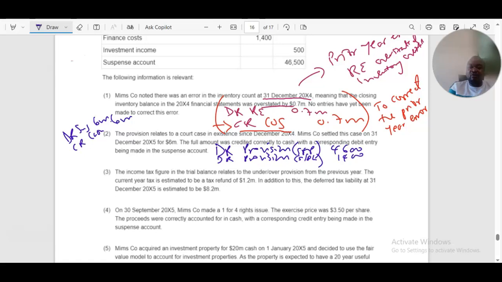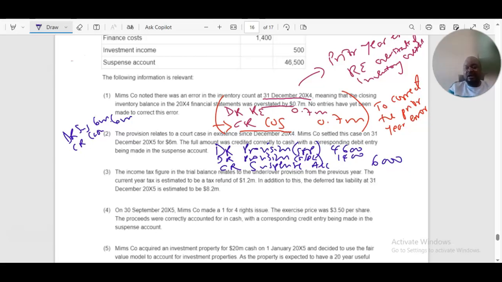Then we are also going to credit the suspense account with how much? With 6 million. This is the suspense account. This journal will then ensure that we have cleared the suspense account, no more suspense account.